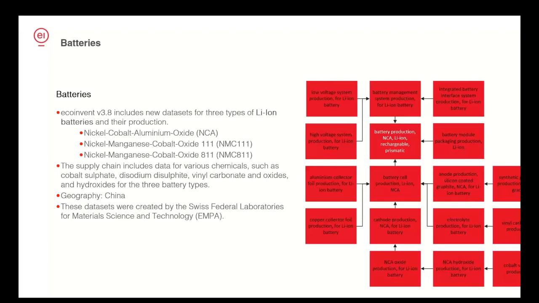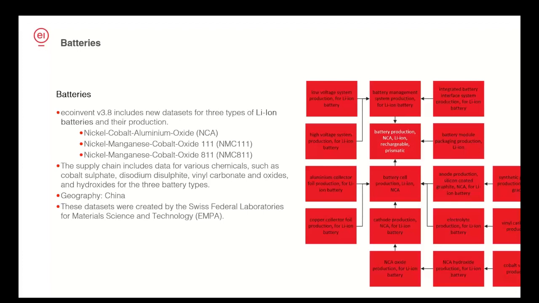The whole modeling of the batteries also includes data for the various chemicals that are needed for the manufacturing, such as cobalt sulfate or disodium disulfide or vinyl carbonate and others for the 3 battery types. The datasets were created by the Swiss Federal Laboratories for Material Science and Technology, that's EMPA.